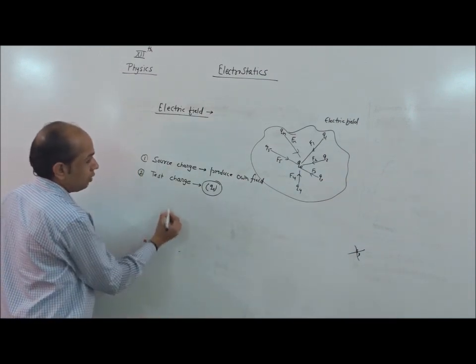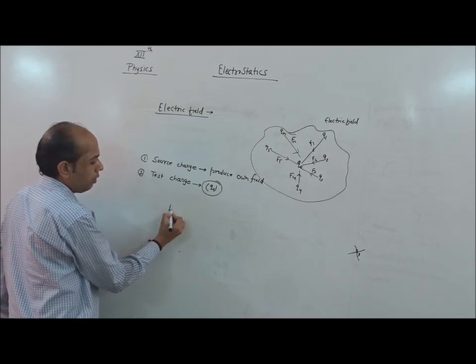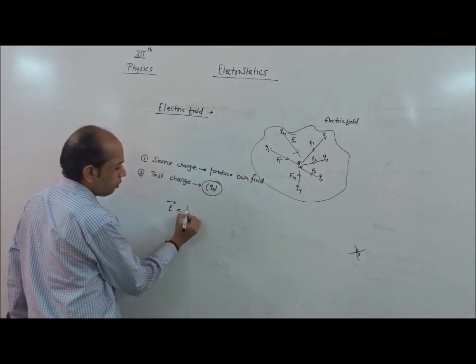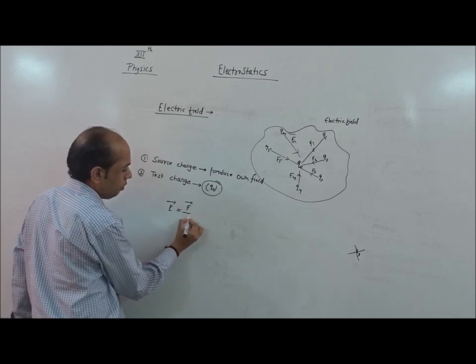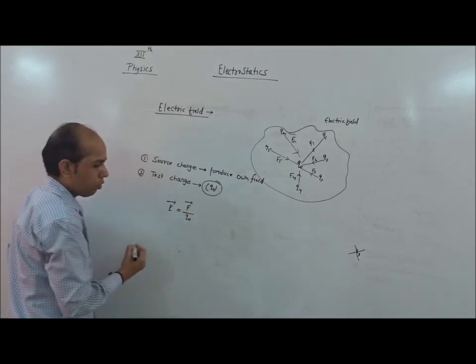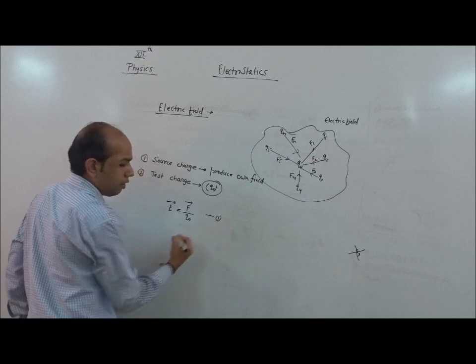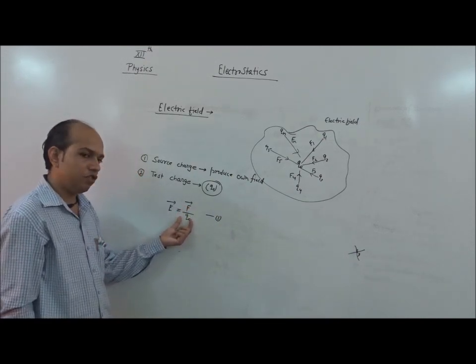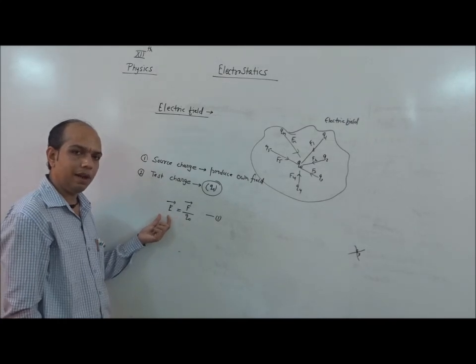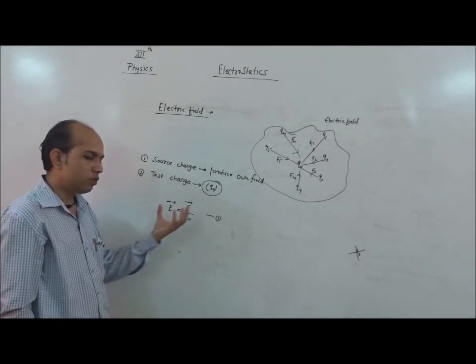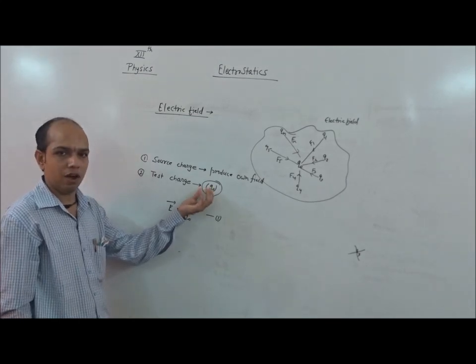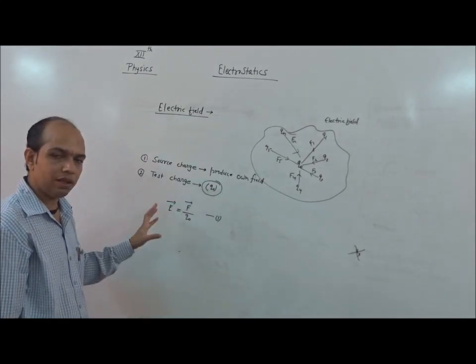So the electric field is denoted by E vector, and this equals F upon Q naught. That means the force experienced by the test charge is known as the electric field.